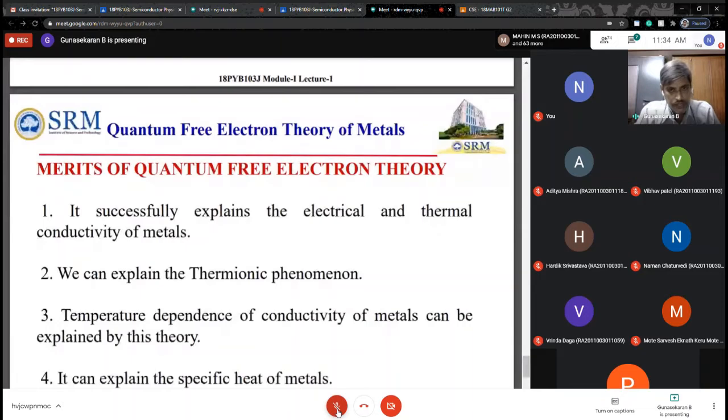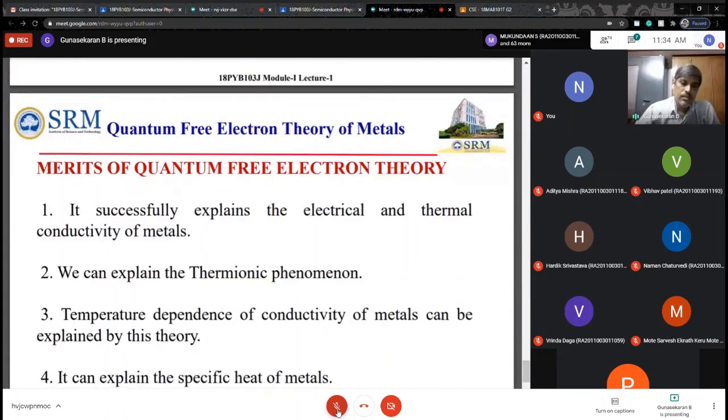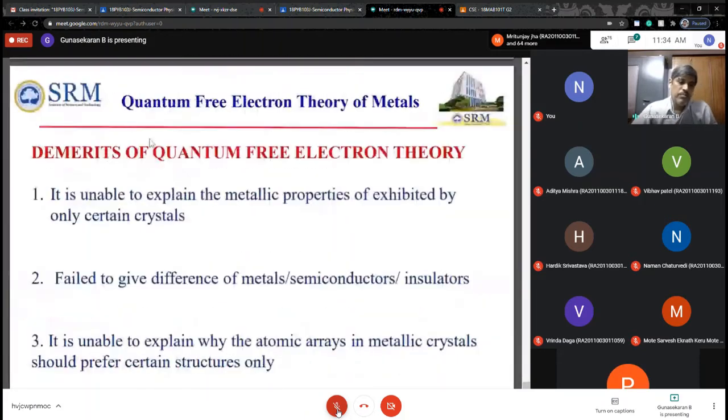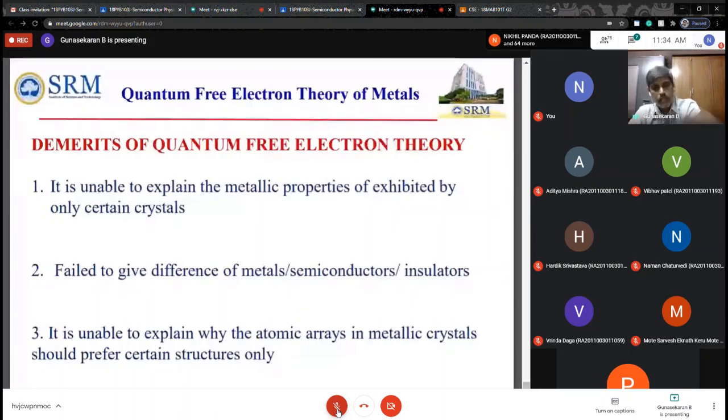These are the major advantages or successes of the quantum free electron theory, but some drawbacks are still there. It explains the specific heat of metals and the magnetic susceptibility, etc. But one important drawback is that it is unable to explain the metallic properties of certain crystals, and it fails to give the difference between metals, semiconductors and insulators. It does not properly explain the conductive nature of semiconductors and insulators.